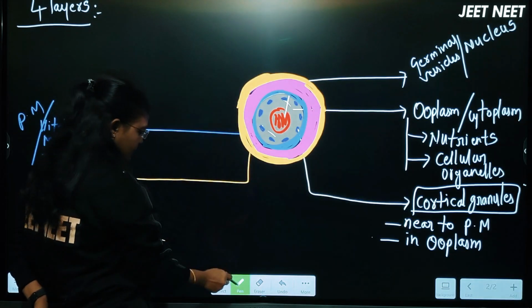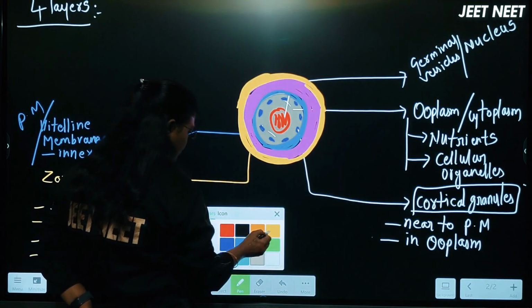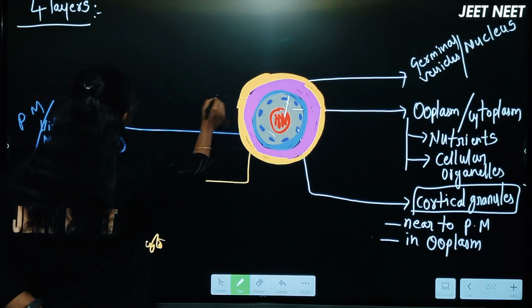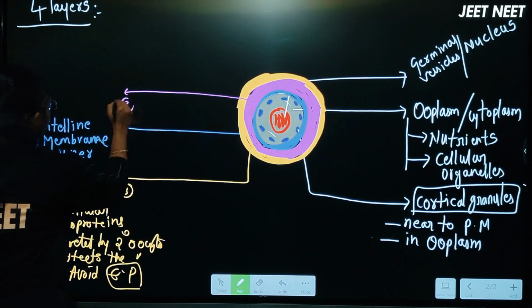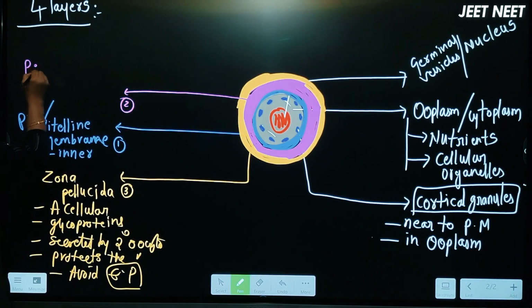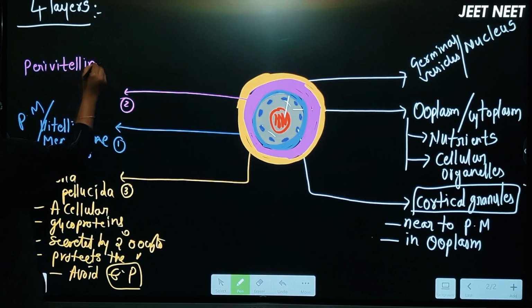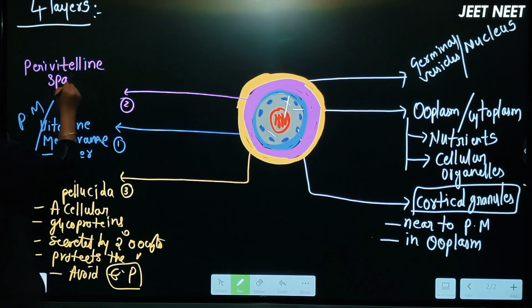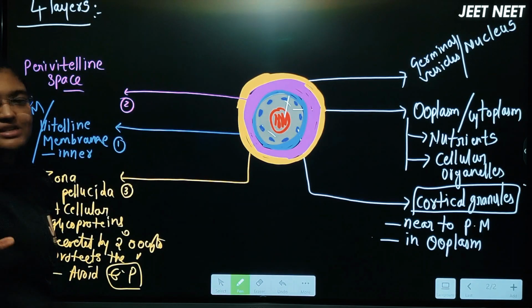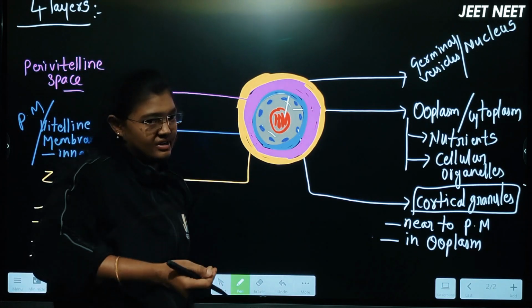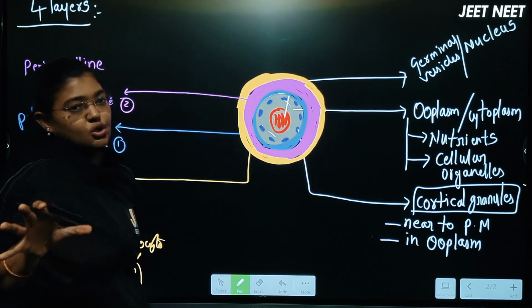Okay, this is the zona pellucida. Now I am going to write about the second layer, that is called the perivitelline space. Perivitelline space. These lectures are based upon the NCERT. Some part will be out of NCERT, which is needed for answering the questions better.